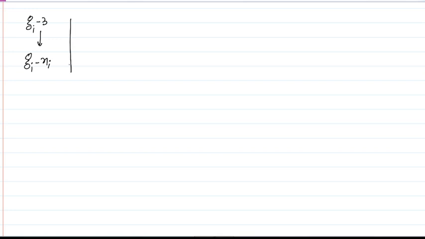Why? It is very simple. When we consider a system in which the particles are, very important, distinguishable, then the number of arrangements is simply given by Gi factorial upon Gi minus Ni factorial.